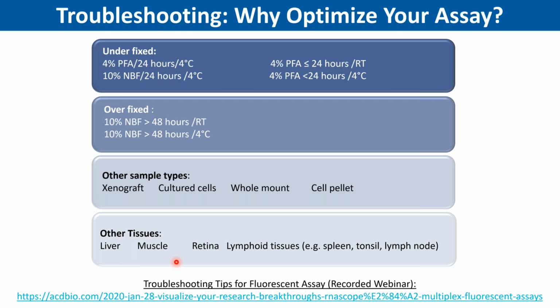In the interest of time, I will not be discussing the troubleshooting guidance for the webinar today, but you can refer to the previously recorded webinar using the link at the bottom for troubleshooting tips for fluorescent assay.